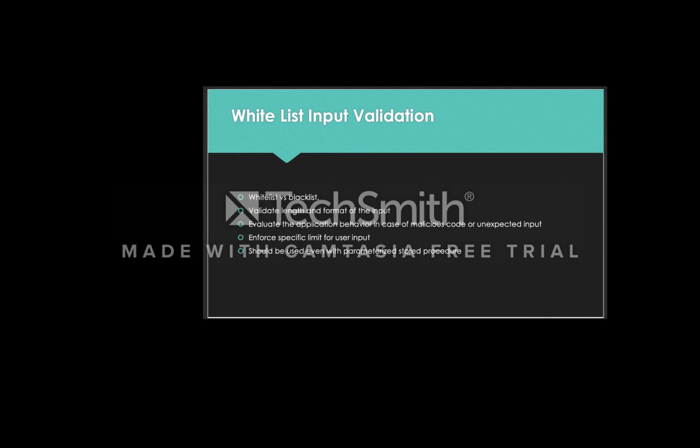In terms of that, we evaluate the behavior of the web application. So we input some kind of malicious code or unexpected input to see how the web application reacts, and based on that result we can modify or filter our code.